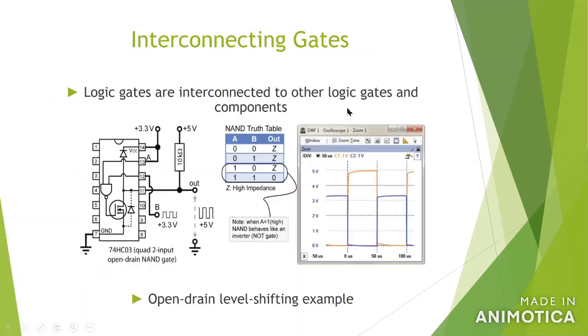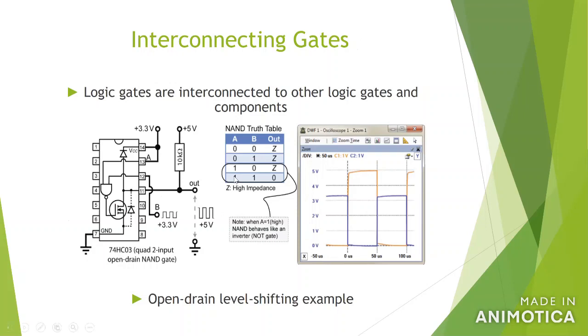And we have some kind of interconnecting gates. So in this kind of circuit, you can see you have gates, diodes and FET transistors.